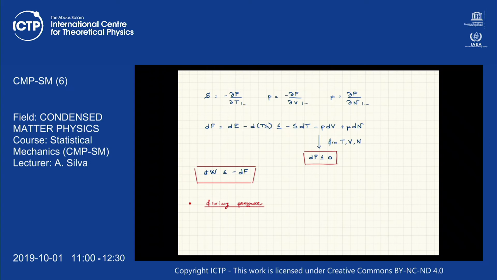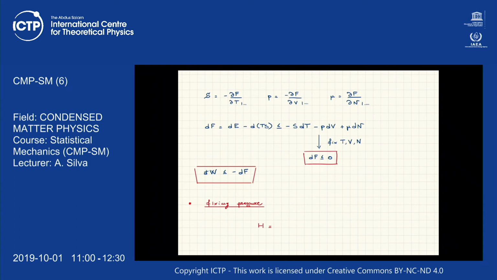Let's see if you understood how it works. We want to change variables from volume to pressure. We'll do minus d(PV)? Minus? Derivative of PV. So we want plus PV. So we want something that we call enthalpy.